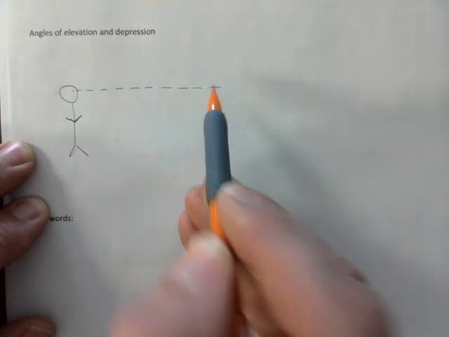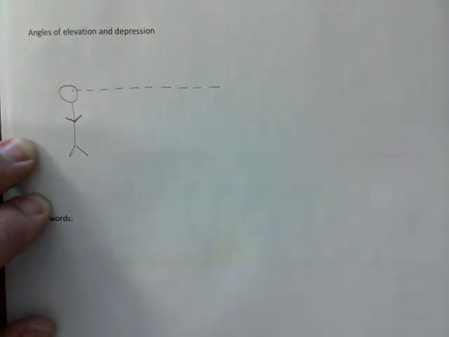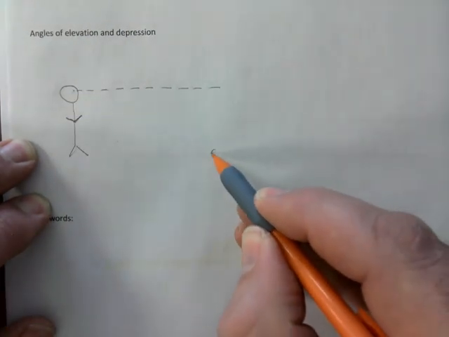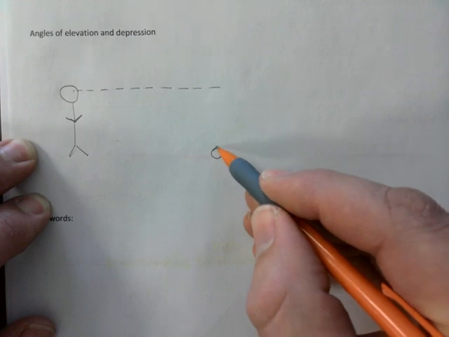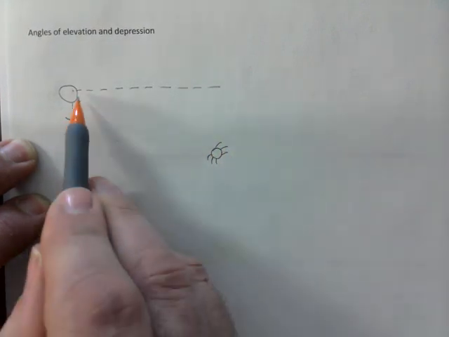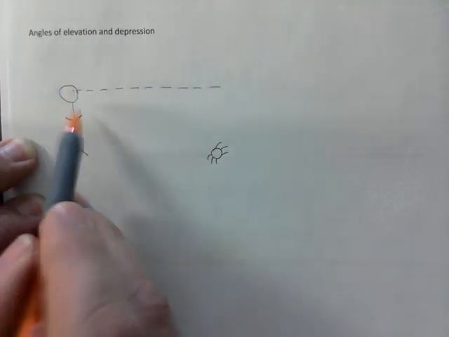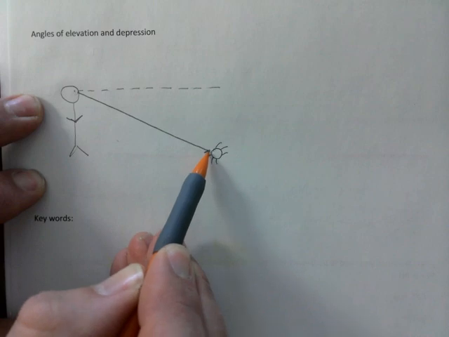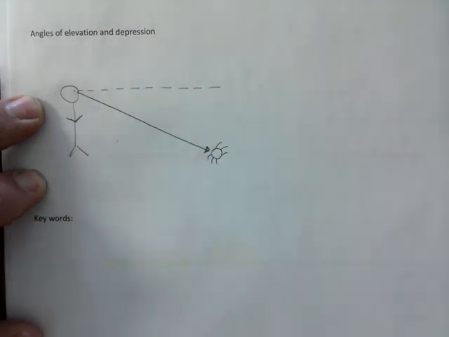Some superpower there. If you're seeing something on the ground, a spider or something that's crawling on the ground, you'd be looking down to it, right? Straight down to it.